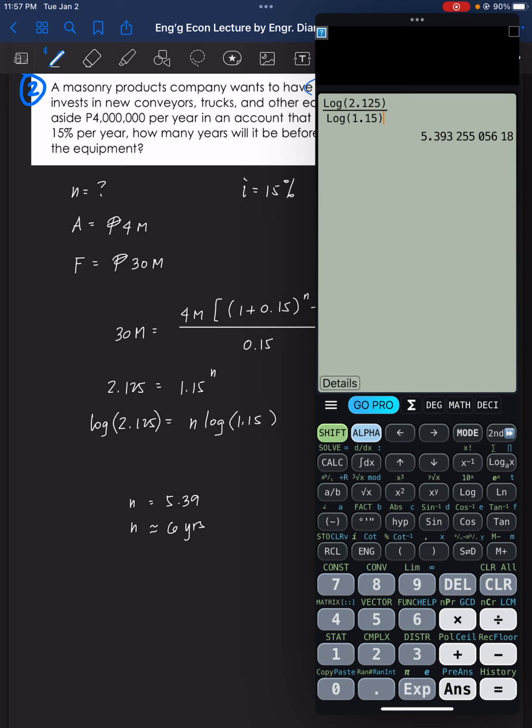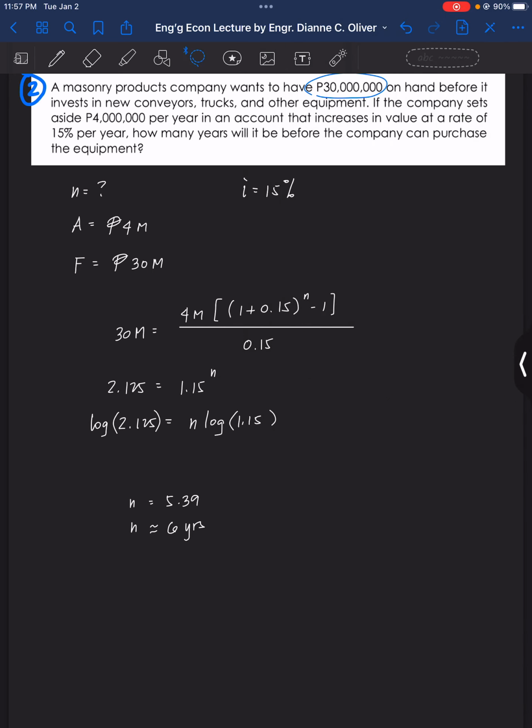So that is 5.39. Same. Okay, so that's number 2. The company will have 5.39 years or approximately 6 years before it can purchase the equipment.